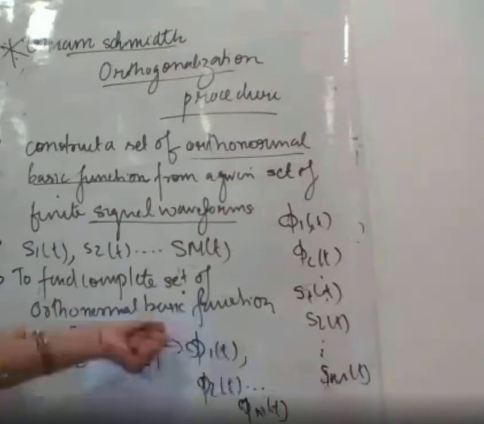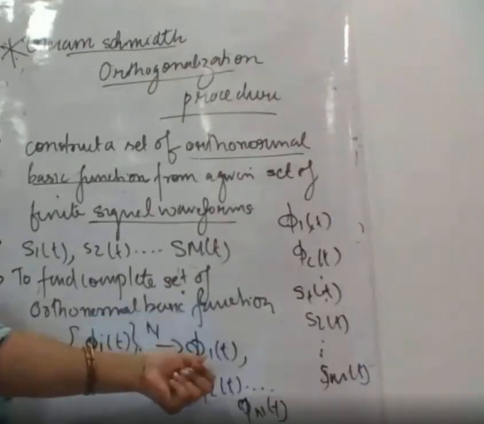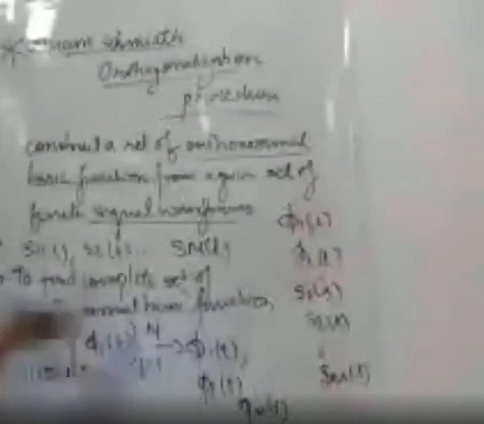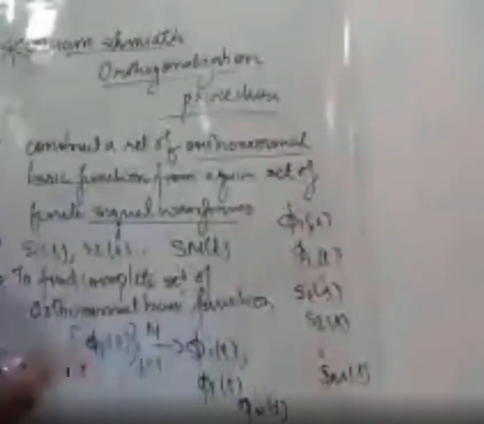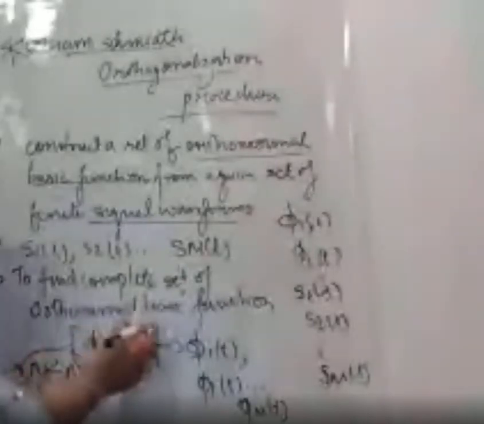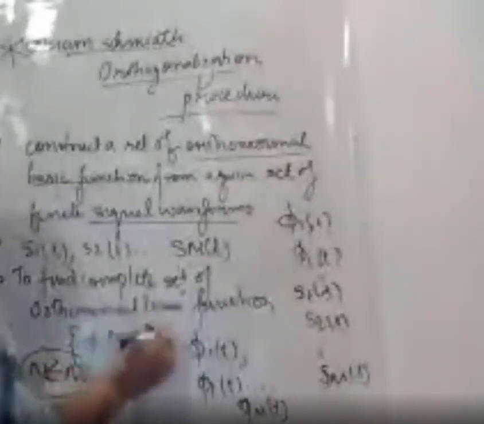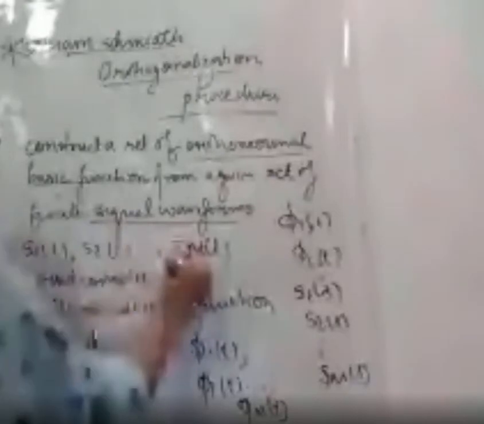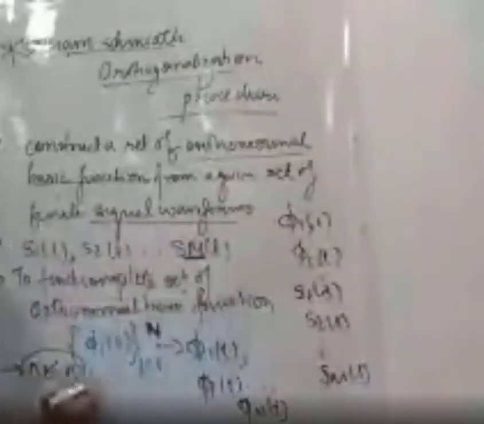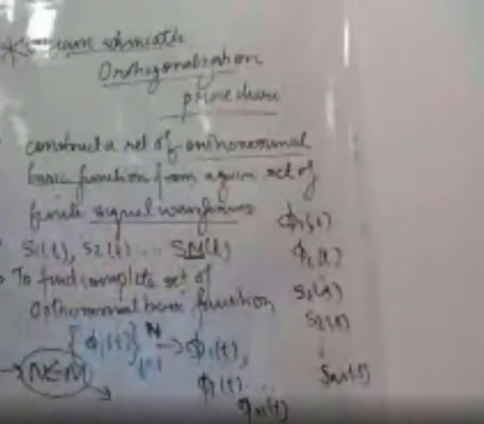The j can take value from 1 to n, giving phi 1 of t up to phi n of t. So here the important criteria is n should be less than or equal to m. So always remember that n should be less than or equal to m.